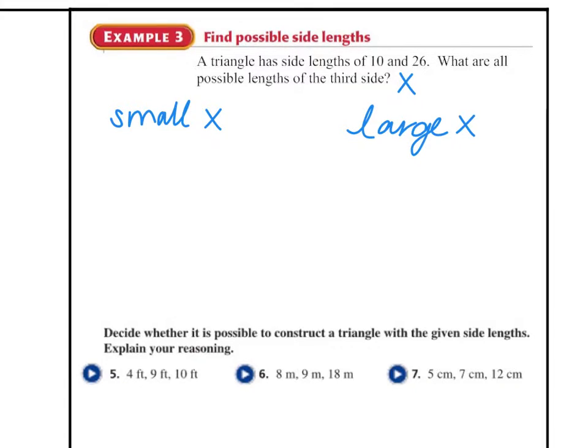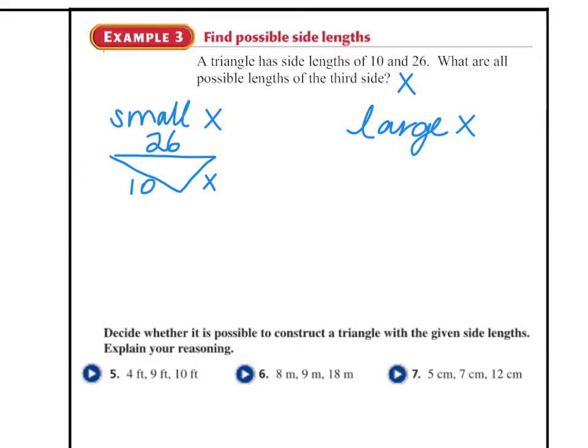And I also think it's helpful to draw some pictures. So let's say, here's my triangle. I'm going to make the longest side on this one 26, and then x and 10. We're not necessarily saying that x has to be the smallest side, but we are saying it's got to be smaller than 26.